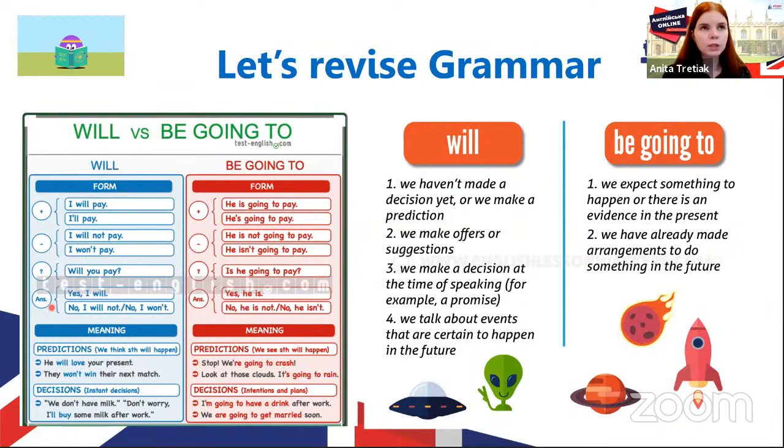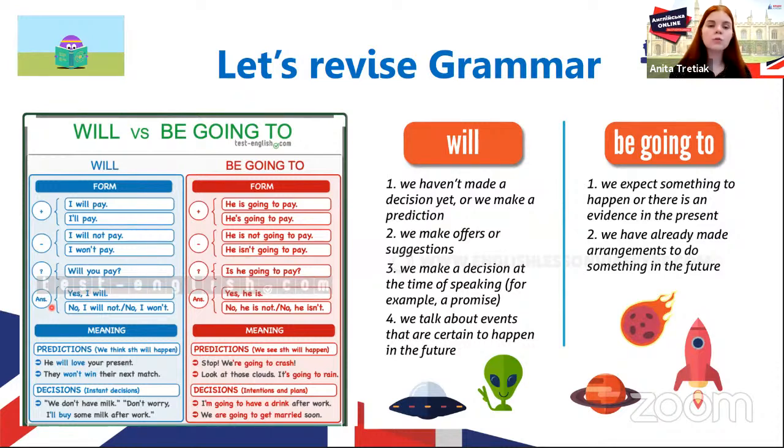It's important to have it everywhere. But if you have the answer no, you need to add not. No, I will not. Or no, I won't. Okay, that is how we form will in all these forms.